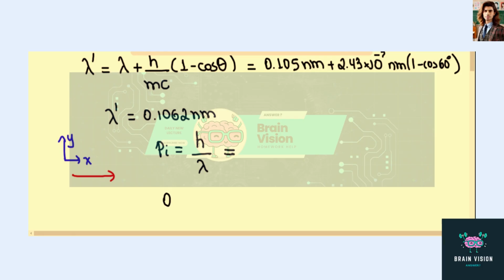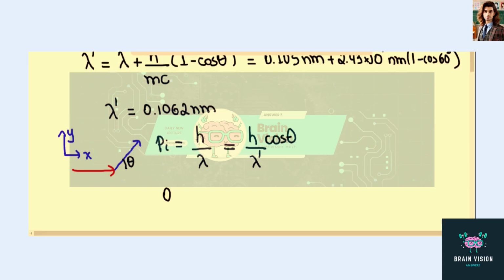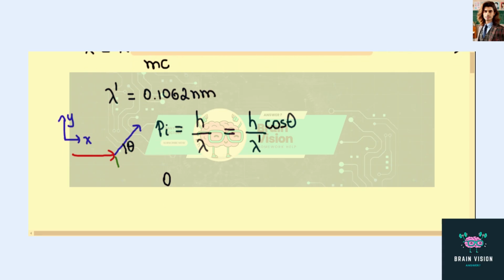Now, the initial momentum in the x direction is equal to the final momentum in the x direction, and the final momentum of the photon in the x direction is h over lambda prime times cosine of theta, while the final momentum of the electron in the x direction is, I'm going to call it p y prime.